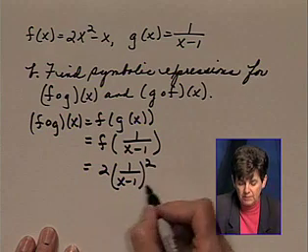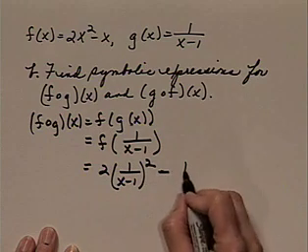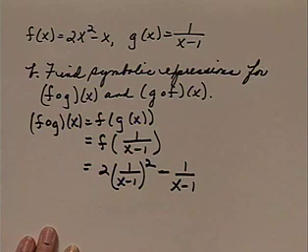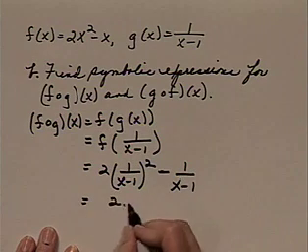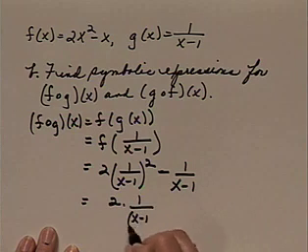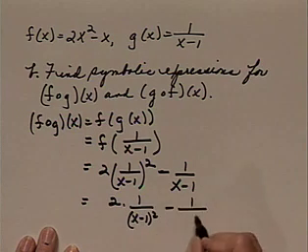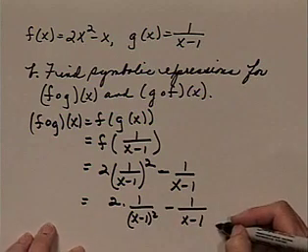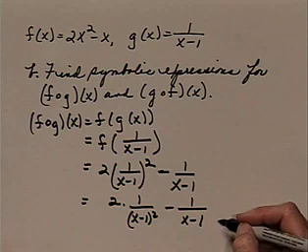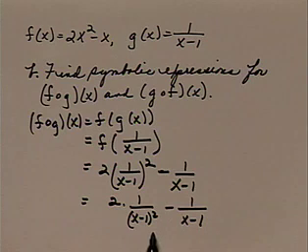So we have 2 times 1 over x minus 1 squared minus 1 over x minus 1. Now, in order to combine these, we have to find our common denominator, which is x minus 1 squared.